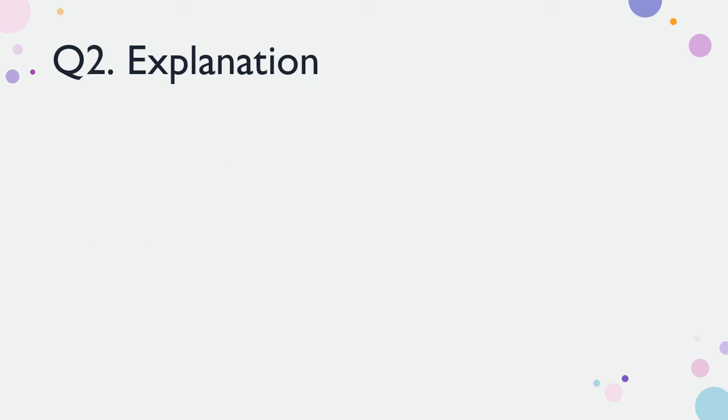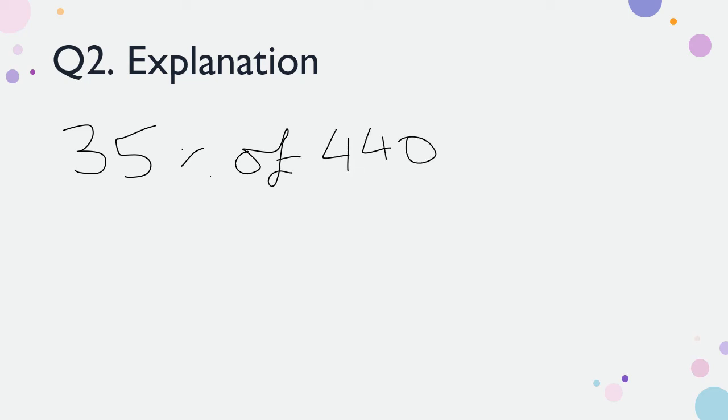So let's explain question 2 now. The question is 35% of 440. I'll show you this question with the building blocks method. So 30% is 3 times 10%. 10% is divided by 10, so 440 divided by 10.